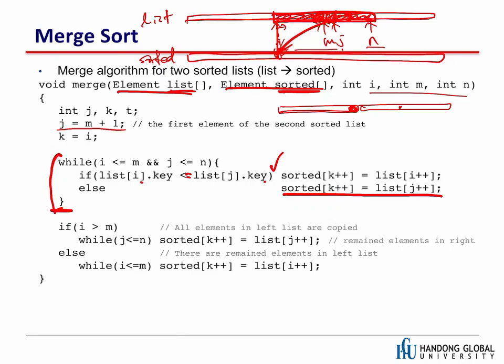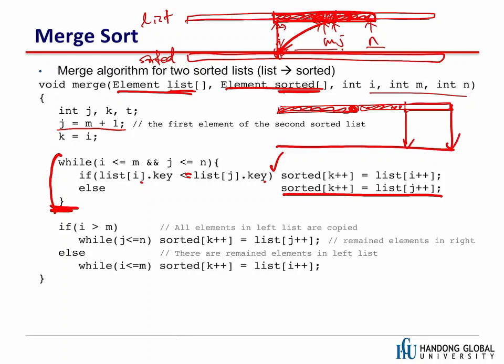Then we copied this one and these ones to our sorted list. But then what about this part? We have some left over there. Then we have to copy all of them to the sorted list.